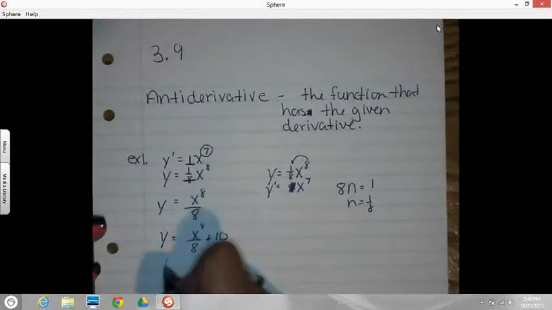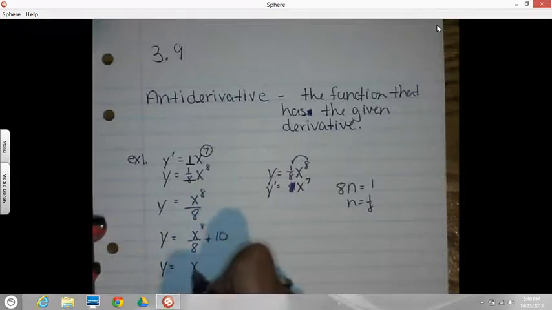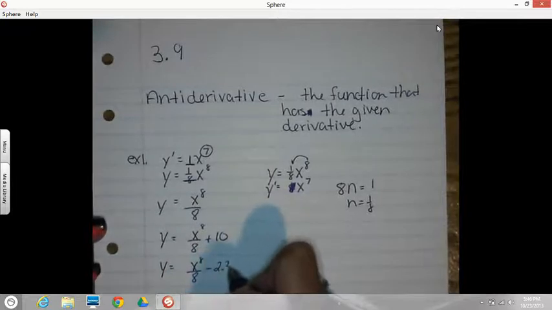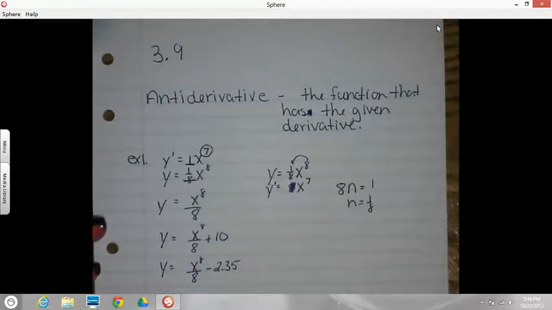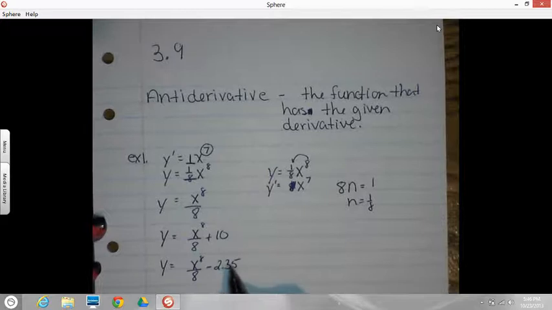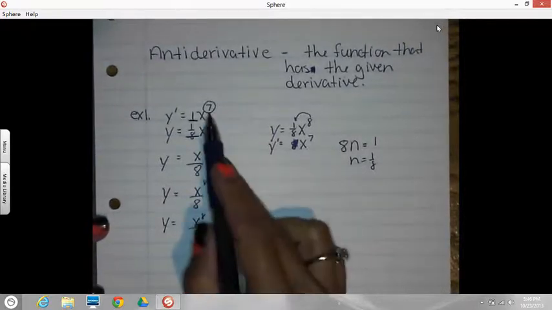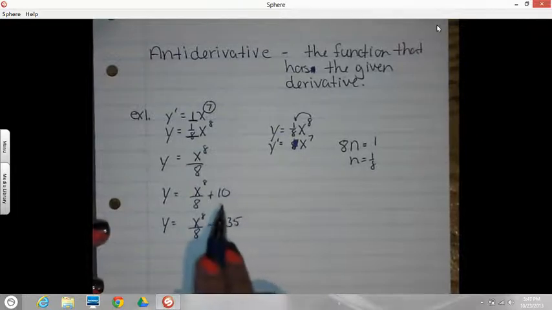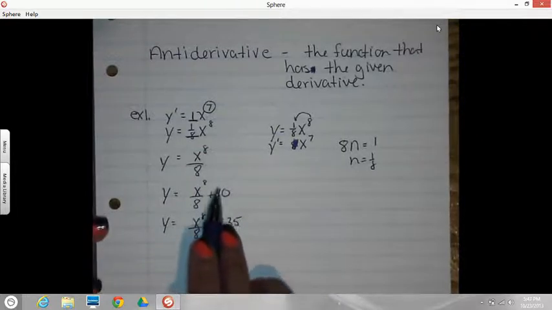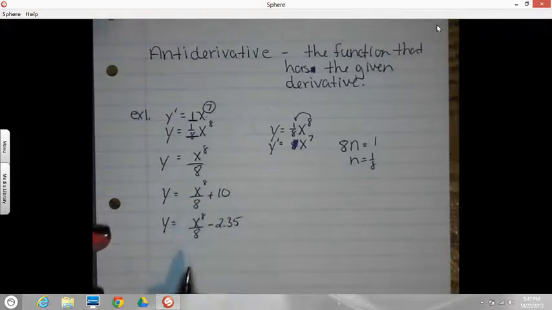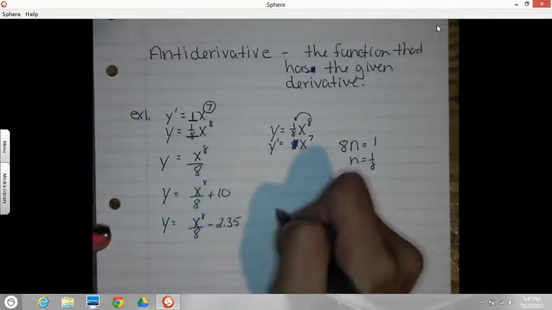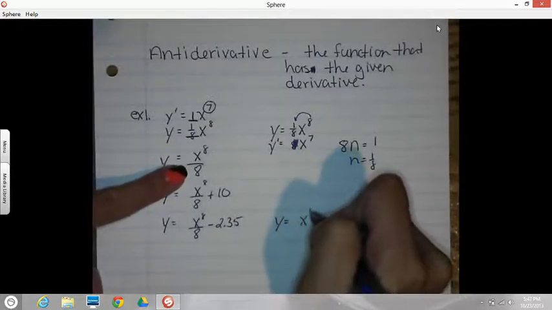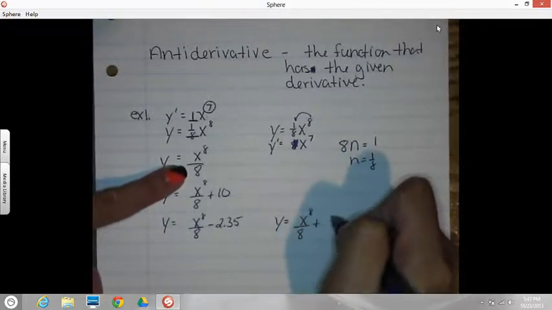What about x to the 8th over 8 minus 2.35? Oh, yeah, that goes to 0 too. How many equations have that derivative? We could be here all day. So what we do to accommodate the fact that there could be a constant here, we don't know what it is, when we do antiderivative, we say it's y equals the part we came up with, x to the 8th over 8 plus some constant value of c that I don't know.